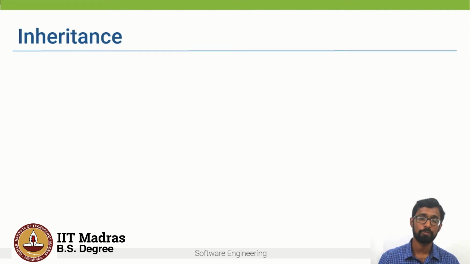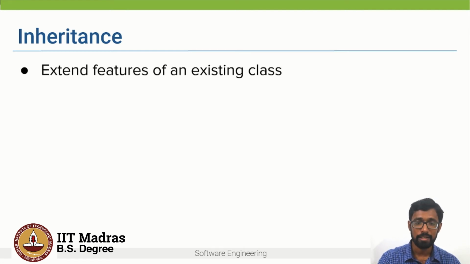Another type of relationship is inheritance, right? Using inheritance, you can define a new class by extending the features of an existing class. The original class is known as the base class, and the new class is known as the derived class.